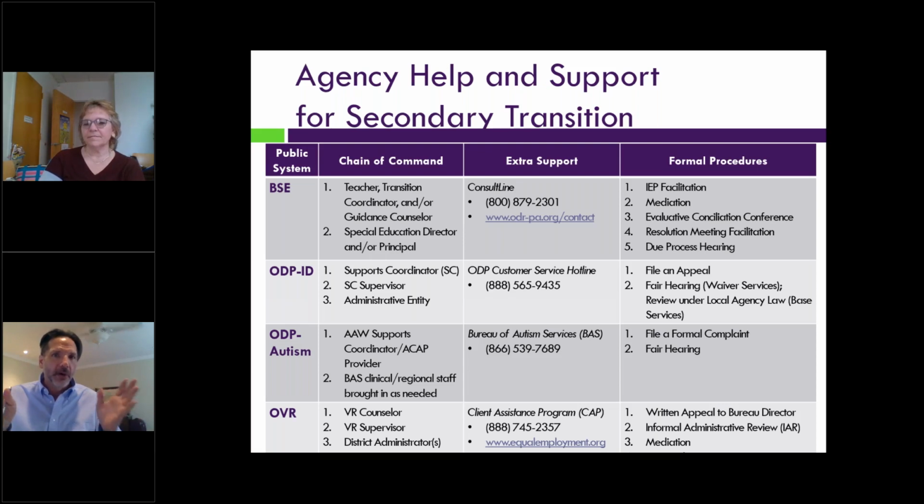So they're not eligible for OVR services, but they are potentially eligible, and can receive services starting at age 14 to help with their transition process. And just like with the other agencies we mentioned and in schools, there is something called the Client Assistance Program if you're running into some struggles working with OVR.